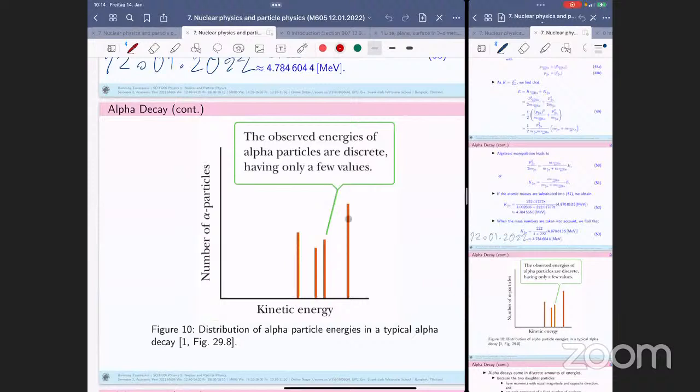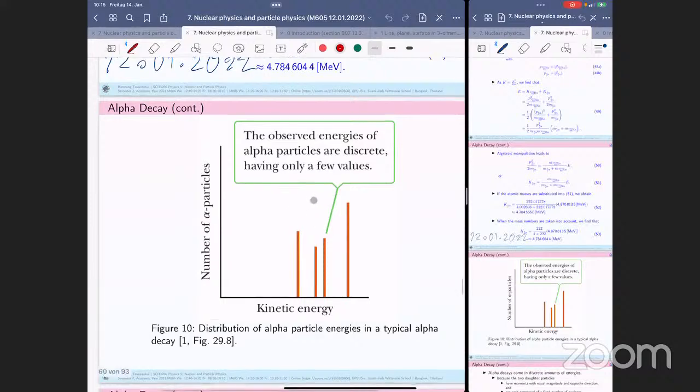The kinetic energy has discrete values. When we observe each particle, they observe the kinetic energy on the X scale, and each value of the kinetic energy has a number of alpha particles. It's not continuous. That's the distinct feature.